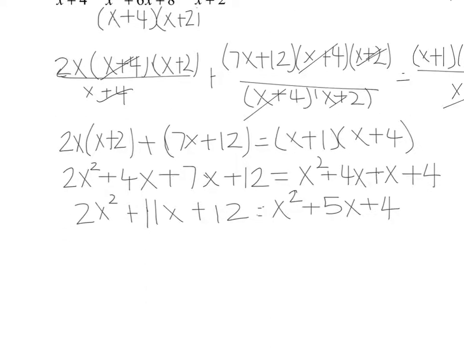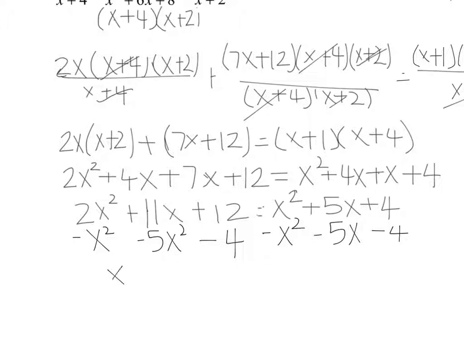We do have squared terms, so we're going to want to subtract x squared, 5x, and 4 from both sides, so it's equal to 0. We're left with x squared plus 6x plus 8 equals 0.